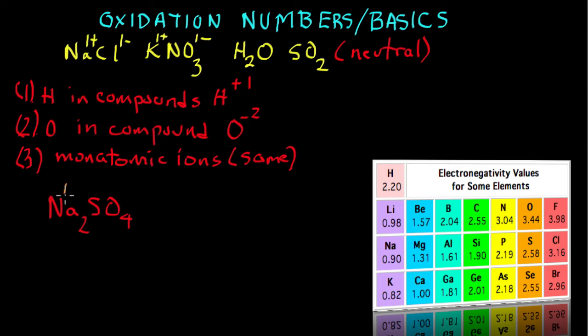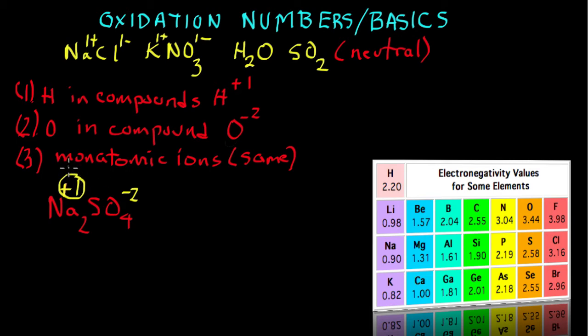It is a +1 ion, and a 1+ ion will be a +1 oxidation number. There are 2, so the total positive is +2. Rule, oxygen is -2. There's 4, the total negative is -8.